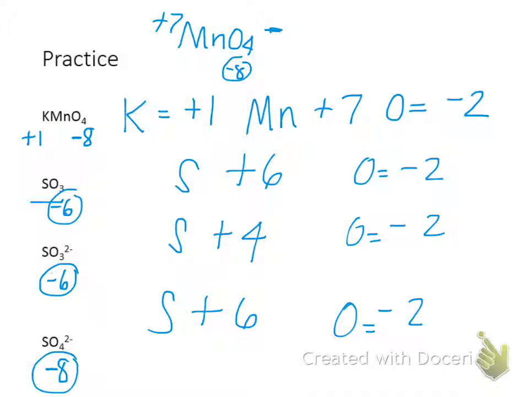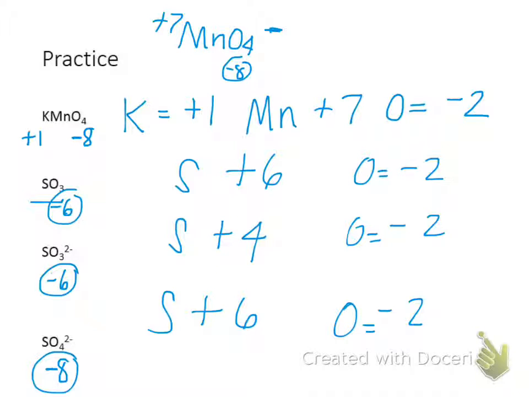So on your worksheet today, you're just going to figure out and assign an oxidation state for each one of the elements in a compound. There's one on there, I believe it was number 5, that is ICl3. No, it's number 4. So for number 4, where it says ICl3, use that chlorine as a -1 and then figure out what iodine should be.